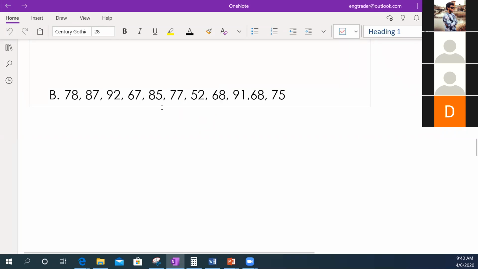So let's see how quickly you guys could get to this one. We're doing the range, the interquartile range and the semi-interquartile range. Just see what you can grasp for now, and then you'll check it out later, okay?